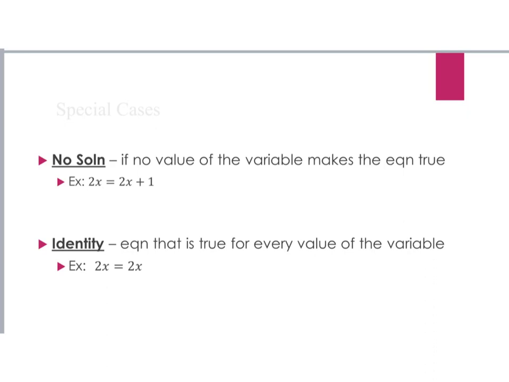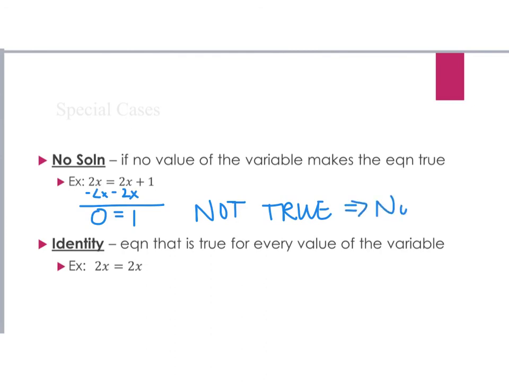If I were to subtract 2x from both sides, notice we're going to end up with 0 equals 1. This is not a true statement. So because it's not true, this tells me that I have no solution. 0 does not equal 1, therefore it's not true.